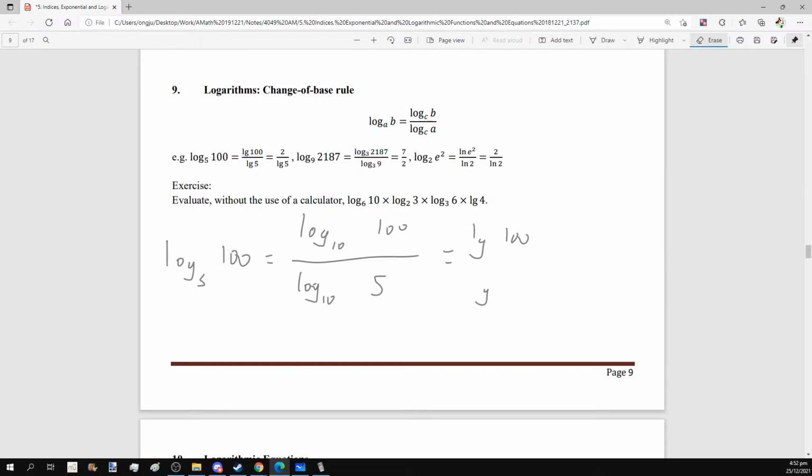Right, so aside from that, we have 2 other examples over there. I will leave you to review that for yourself. And one simple exercise over here is given. They want us to numerically evaluate all these funny little logarithms without using a calculator. So a little bit of a fun challenge for us.